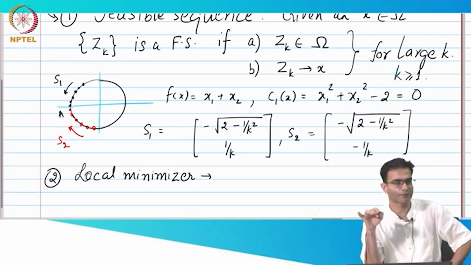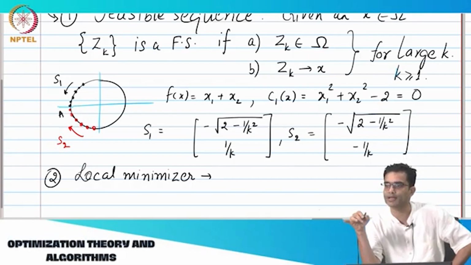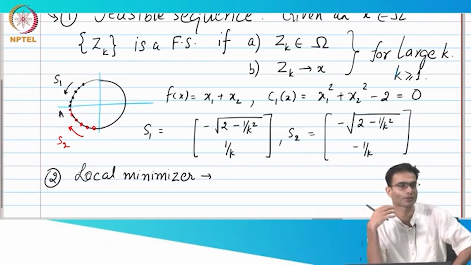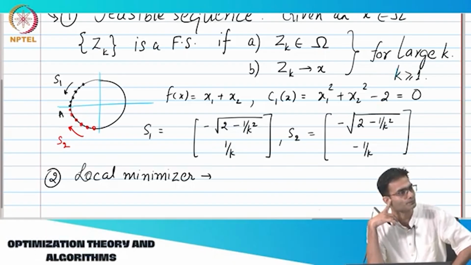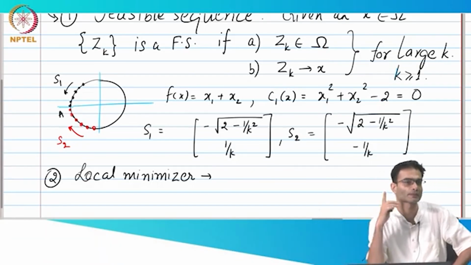So you've got the idea of a feasible sequence. Now, if I ask you to come up with a definition of a minimizer to your problem, can you think of a clever way? What would distinguish the minimizer from all other points in the feasible set?